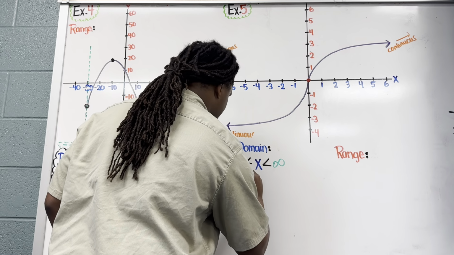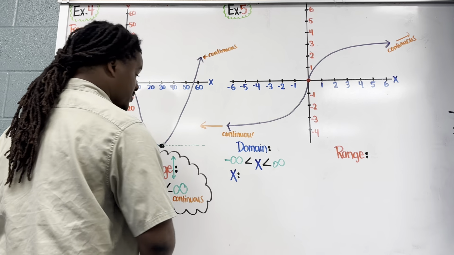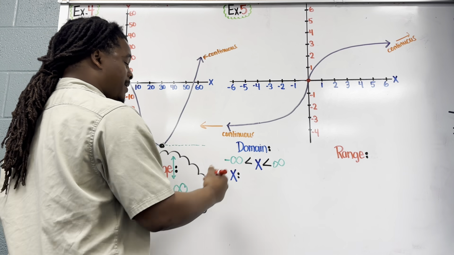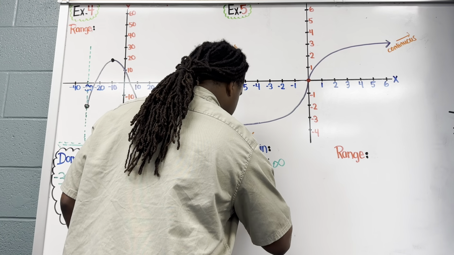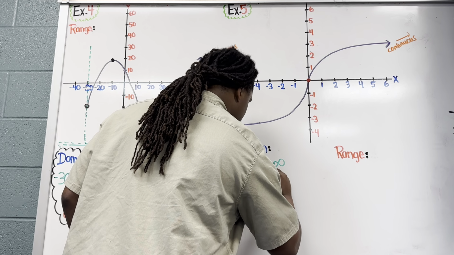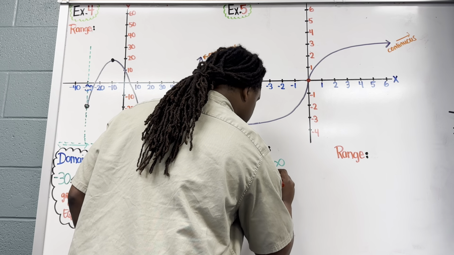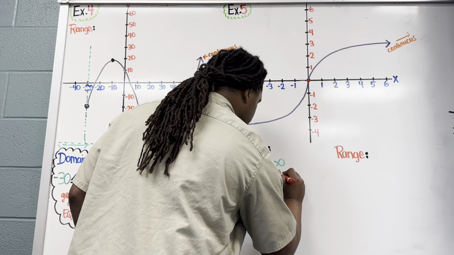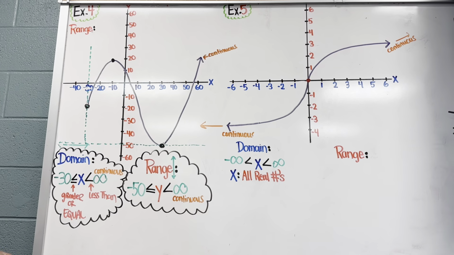Okay, so sometimes, guys, you might see the domain expressed like that. When it's from negative infinity to positive infinity, you can say that x is all real numbers. Okay, all real numbers, right?